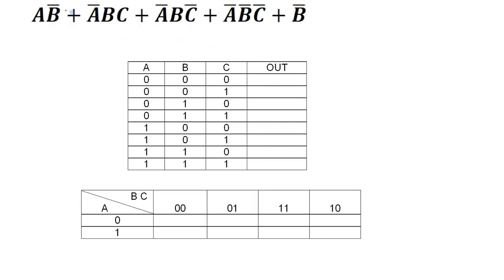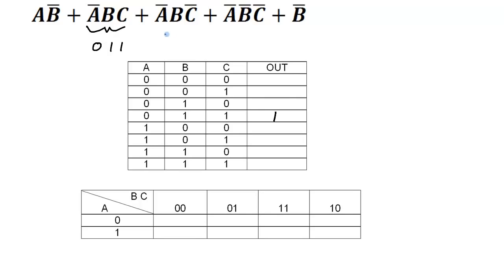Each one of these terms in the Boolean algebra expression must correspond to one or more of the boxes in this truth table. We have three inputs, A, B, and C. So if we have a three-input term like this one, for example, this corresponds directly to one of the boxes in the truth table, not A, B, or C. This corresponds to 0, 1, 1 for A, B, and C. So we can find that box in the truth table, and we'll have a 1 there.